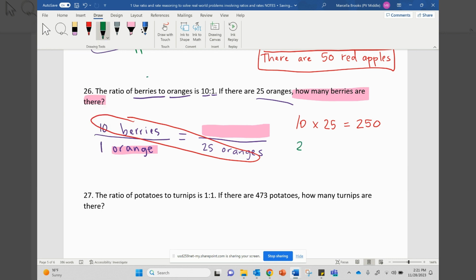So we're going to take our 250 and divide by the 1 orange. So 250 divided by 1 is 250. And the last piece is we got to answer our question. How many berries are there? There are 250 berries.